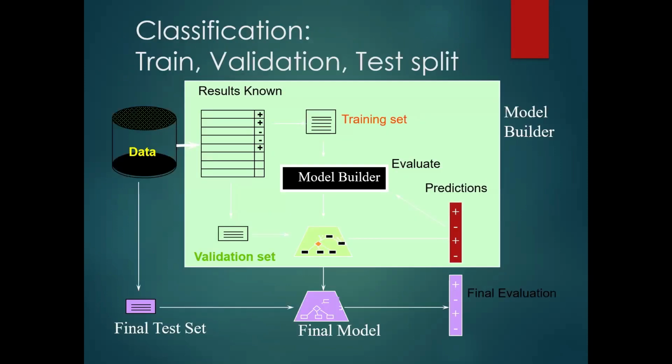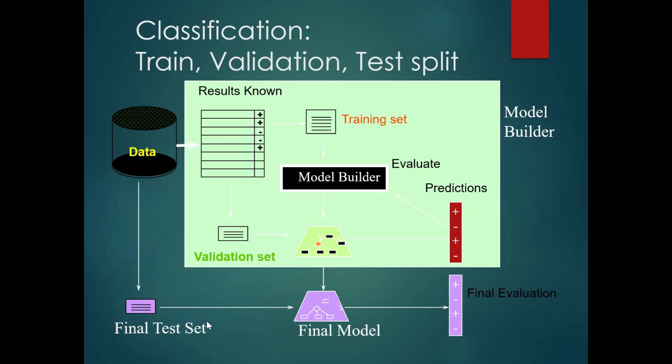If I show you how this works with three different data sets, it's like this. The data set is divided as training, validation, and then final test.